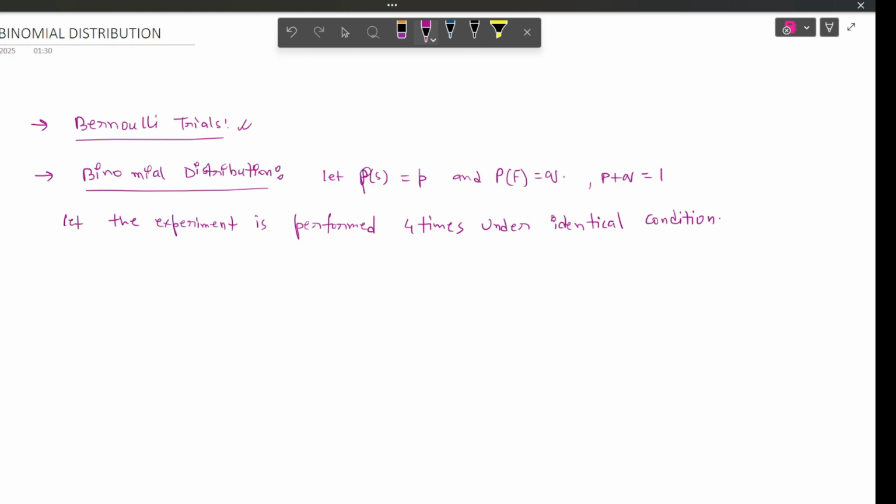So that means 3 successes in 4 trials, right? So 3 successes in 4 trials can occur in 4C3 mutually exclusive ways.